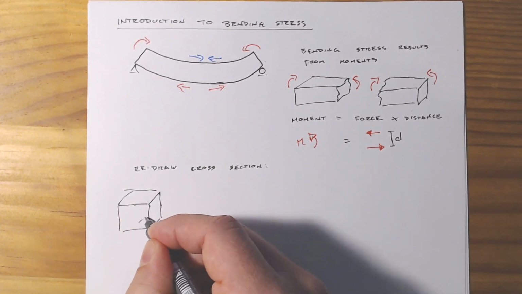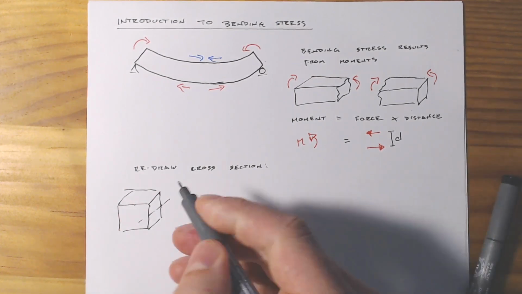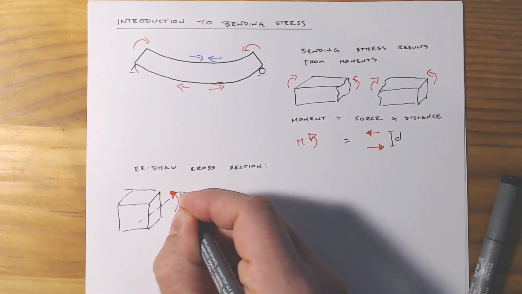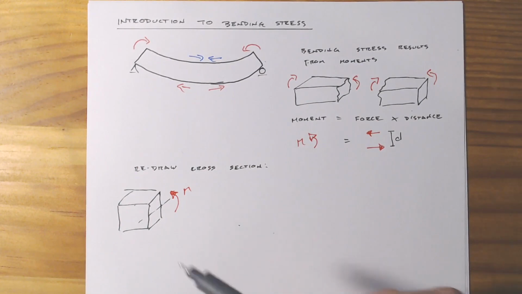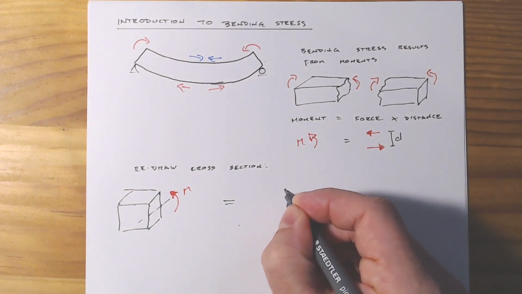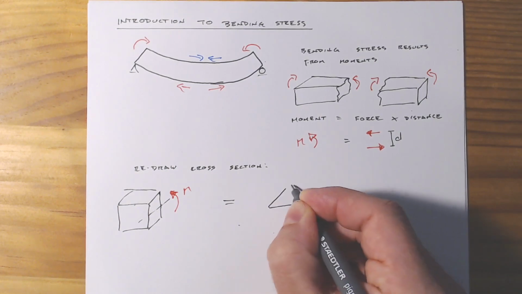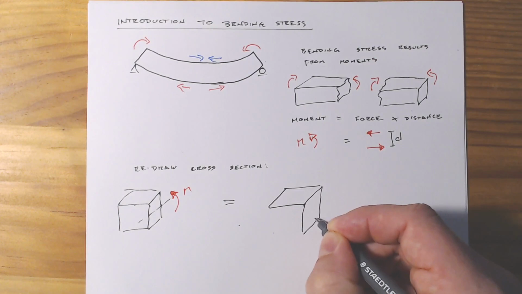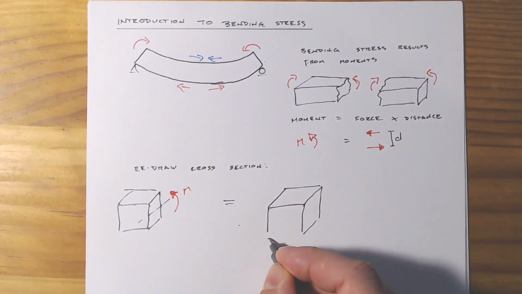So if this is our original cross section with some moment on it, well, that's going to be equivalent to a cross section here that has a force couple.